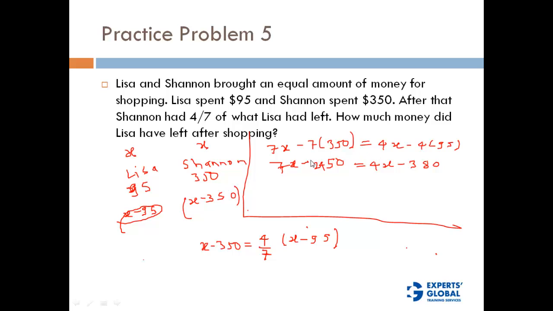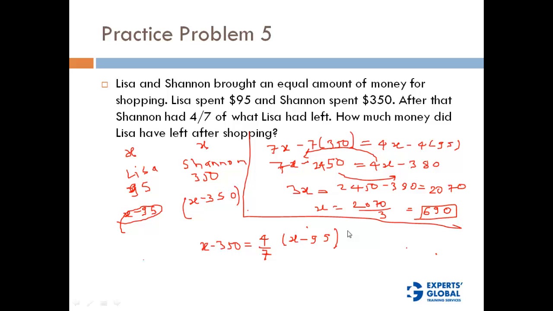So let's get 4x on this side and 2450 on this side. We get 7x minus 4x, 3x, is equal to 2450 minus 380, which is 2070. So that means x is 2070 divided by 3, which is equal to 690.